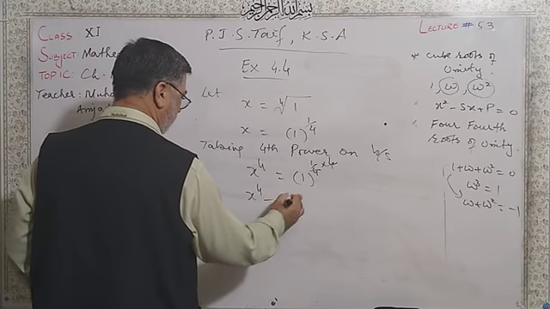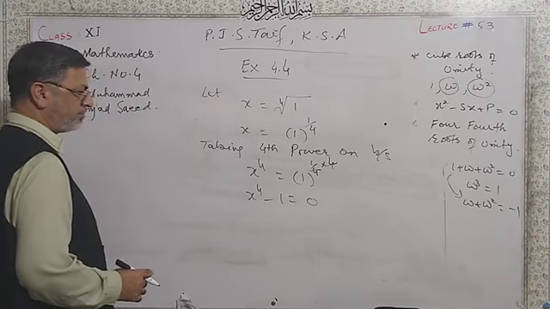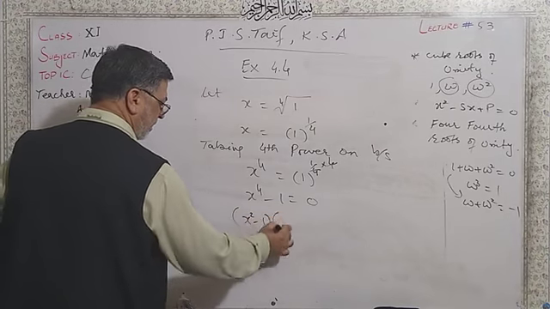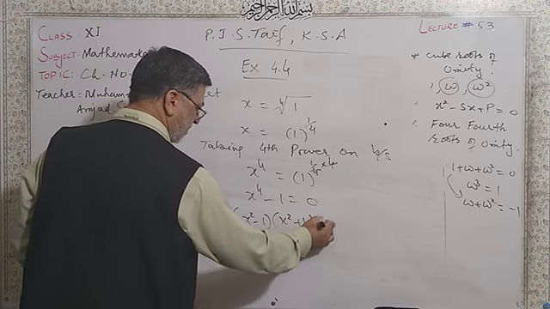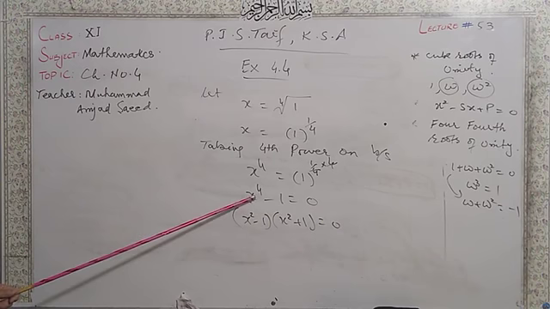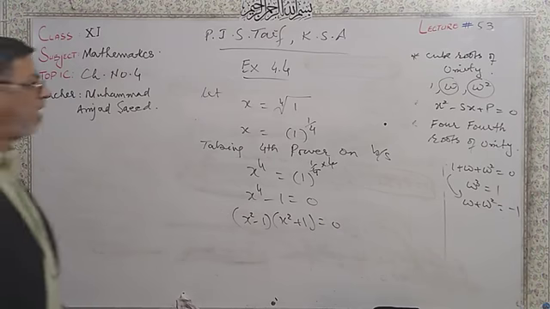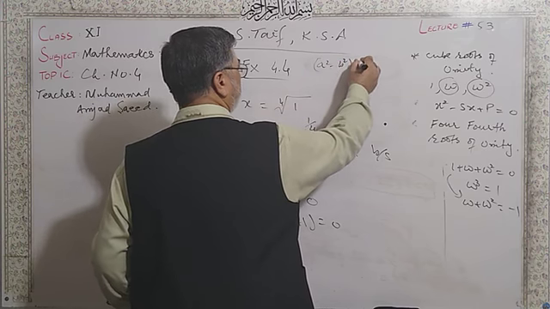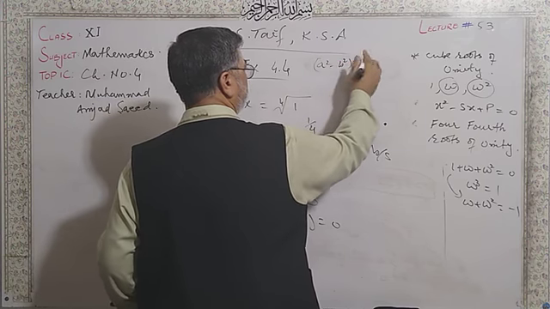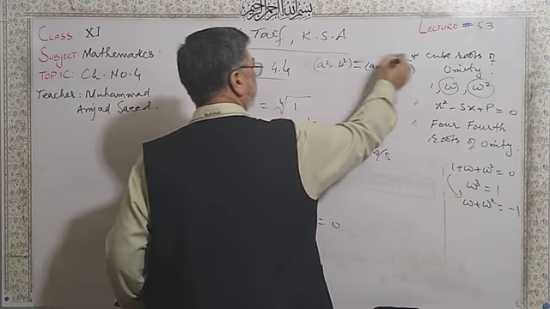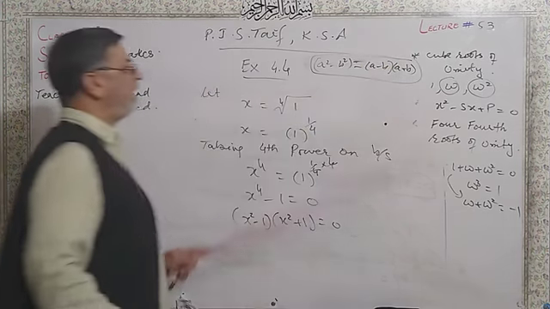We have x4 minus 1 is equal to 0. You can write down x square minus 1 into x square plus 1. Dear students, here we have applied the formula a square minus b square is equal to a minus b into a plus b.